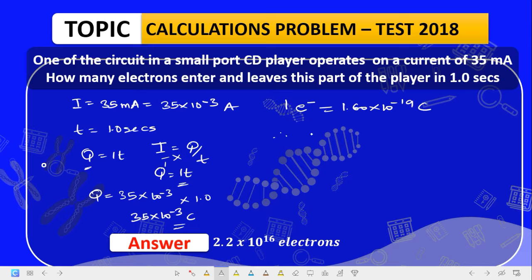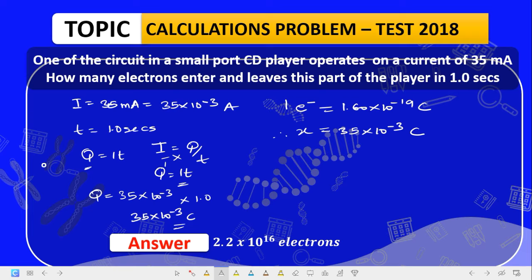Therefore, the charge X would be equal to 35 times 10 raised to the power of minus 3 coulomb. Because you are trying to look for the number of electrons, you know the charge in coulomb. If one electron is equal to 1.60 times 10 raised to the power of minus 19, it means that X electrons will be equal to 35 times 10 raised to the power of minus 3.